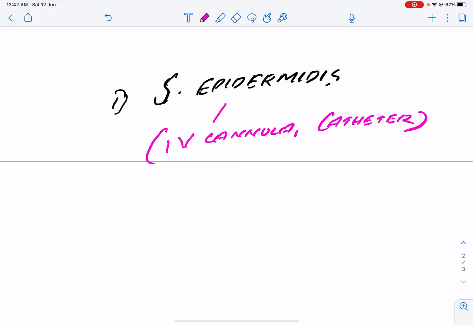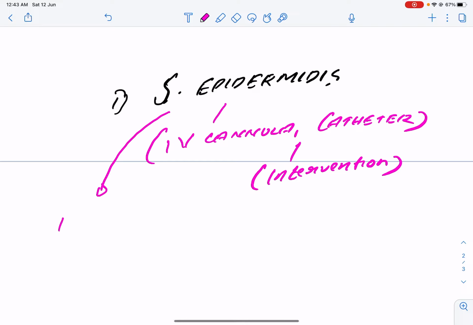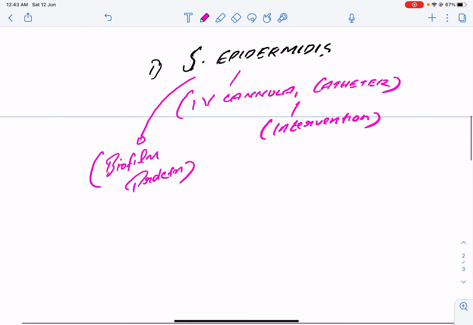They won't cause disease other than this. Whenever they give you in the question that someone had always exposure to or intervention with a catheter or IV cannula, you can suspect Staphylococcus epidermidis infection. Remember, they also do biofilm production.